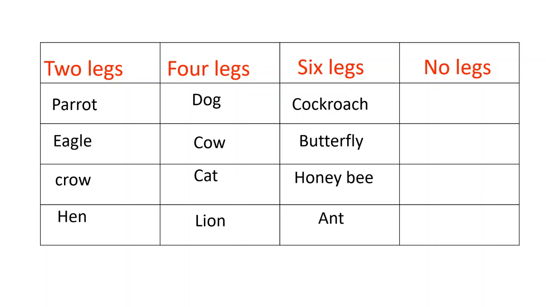Now, can you name them, children? Yes, snake, fish, earthworm, and snail. Very good.